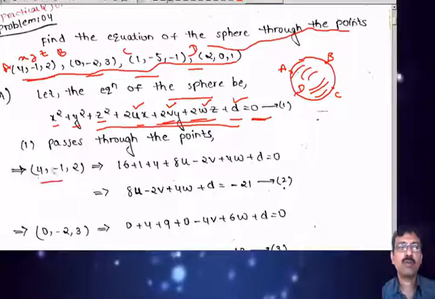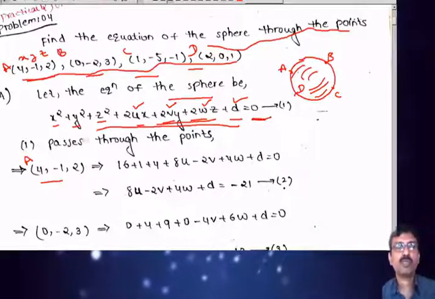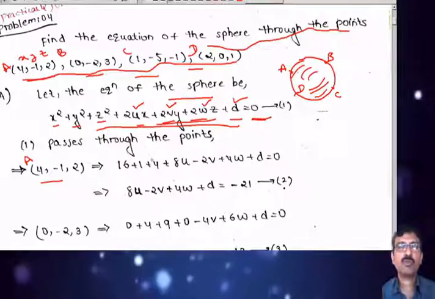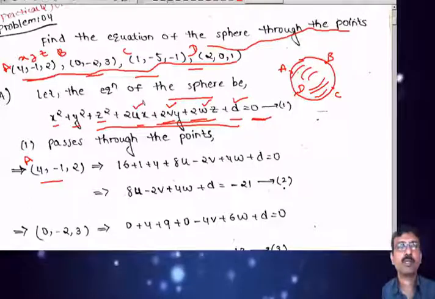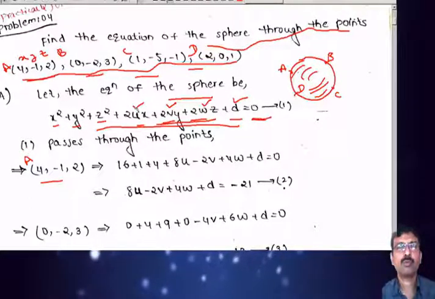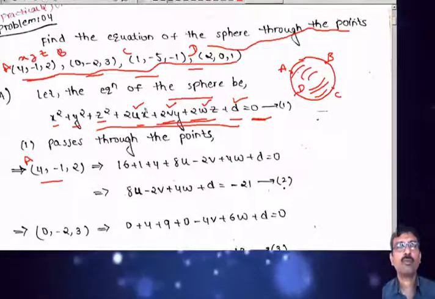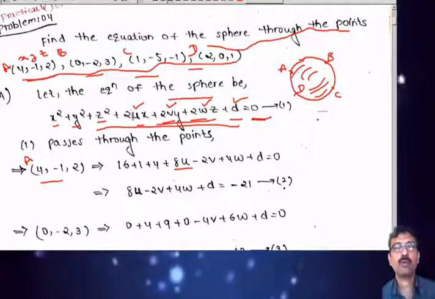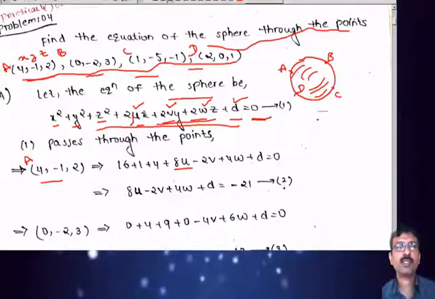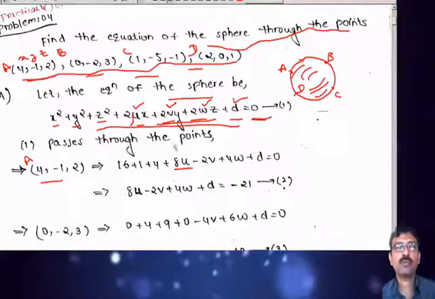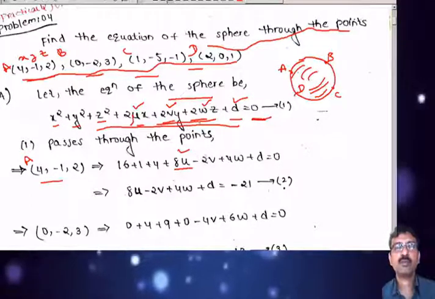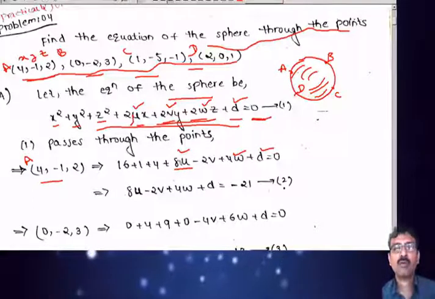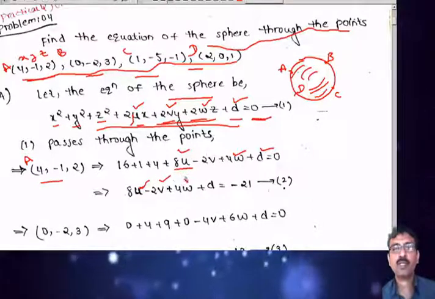For example, if we take the point A, 4, minus 1, 2, substitute x equal to 4, square 16, y is minus 5, square 1, z square 2 square 4, and 2ux, x is 4, 2 4 is 8u, and minus v, y is minus 1, 2w, z is 2, 2 2 is 4w, plus d equal to 0, and we have 8u minus 2v plus 4w plus d.